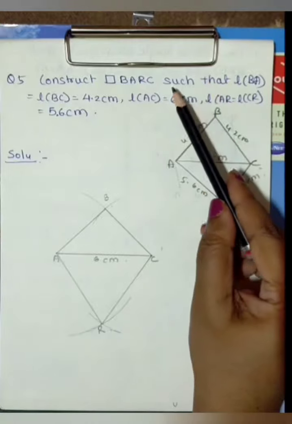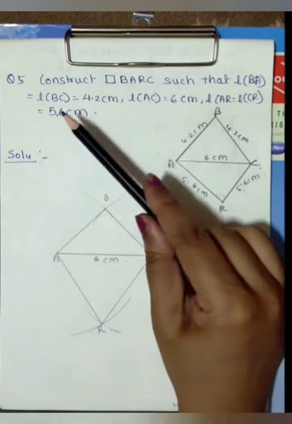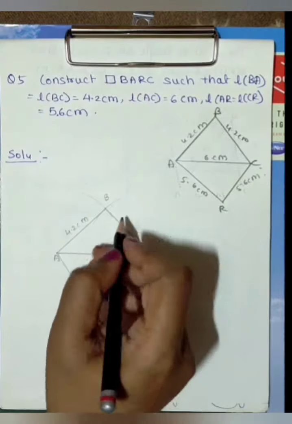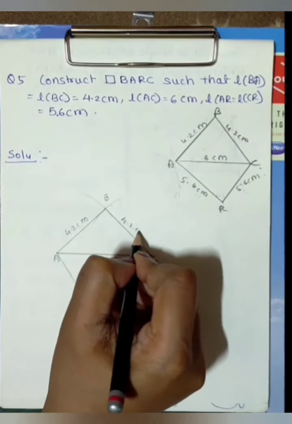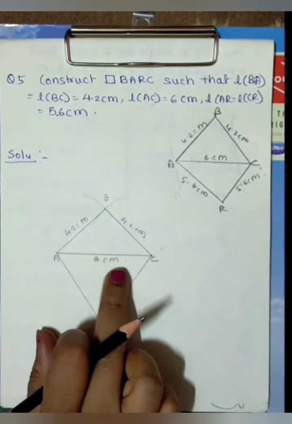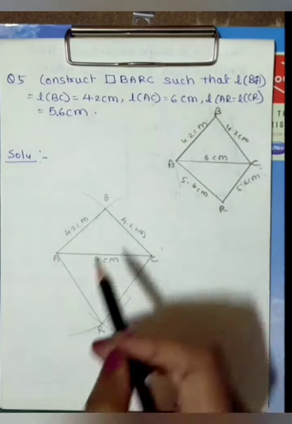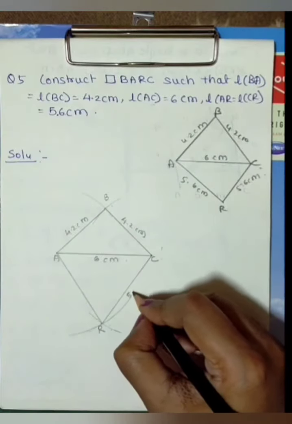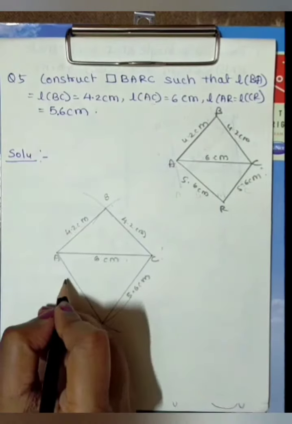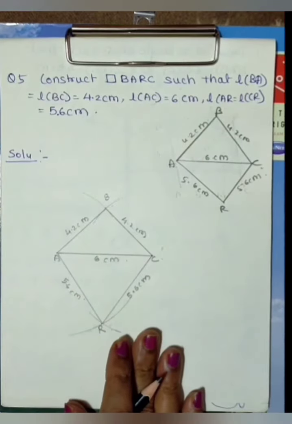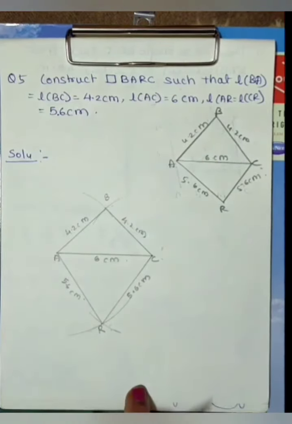What is given is that length BA and BC is 4.2 centimeter, both sides 4.2 centimeter, and AC is 6 centimeter. We have already written this. Now length AR and length CR is 5.6 centimeter. So we have constructed it and we have finished question number 5.